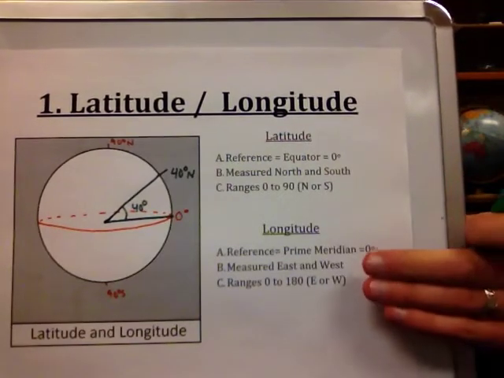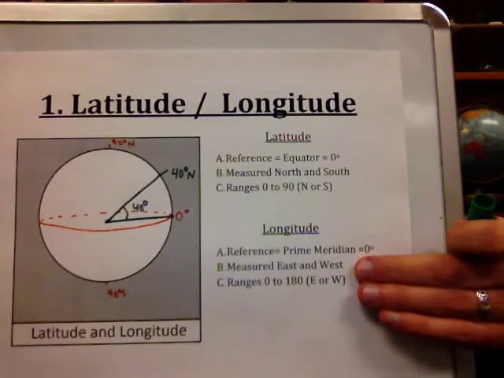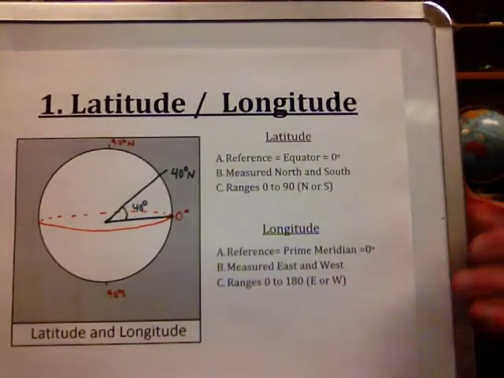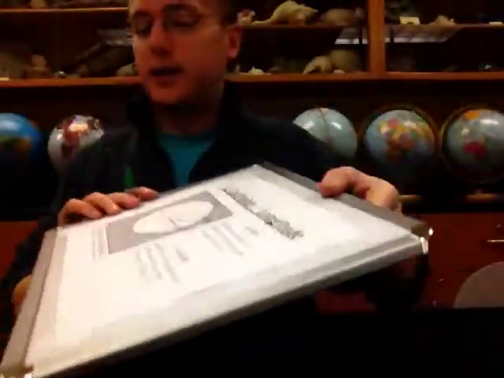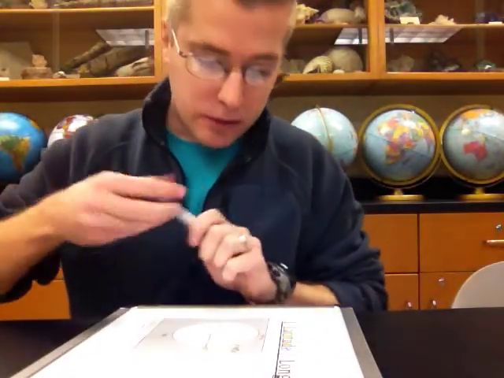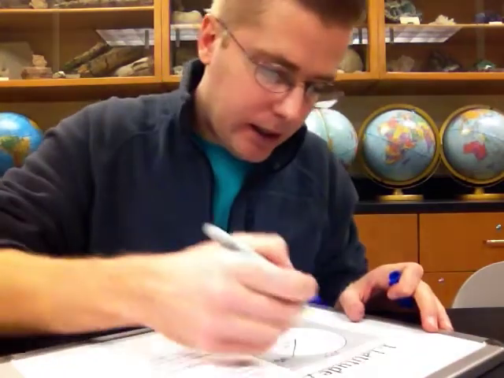You can see that it's going to be measured east-west. We have the prime meridian set to 0, and it ranges from 0 to 180 degrees. Let me go ahead and draw that for you real quickly. Say this is our prime meridian.